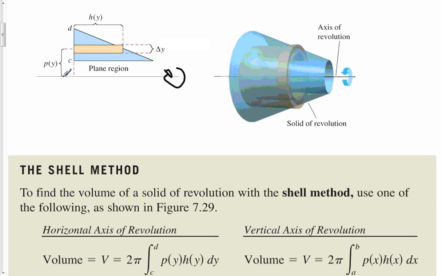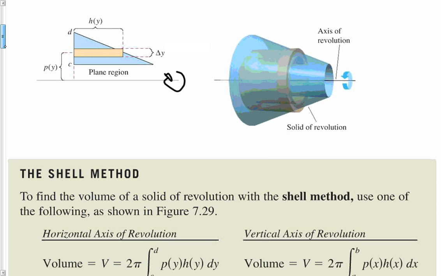So p(y) is basically the distance from the axis of revolution to the midpoint of the width, or delta y, of our representative rectangle. The width might be delta y or delta x, depending on whether the width of the rectangle is a change in y or a change in x. We will be integrating with respect to the y or x axis.